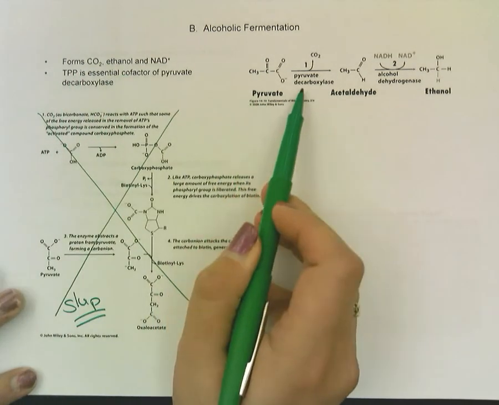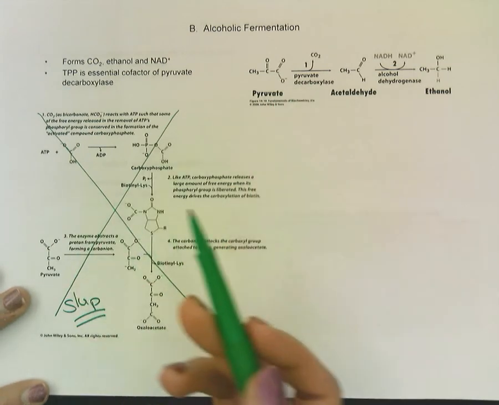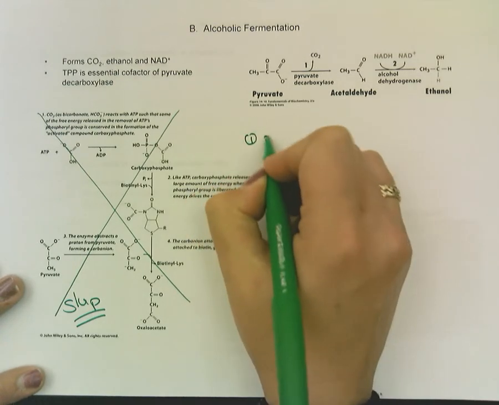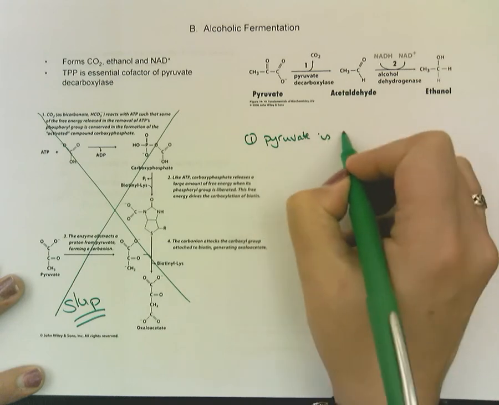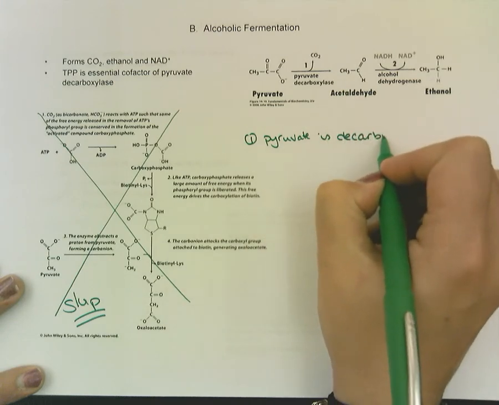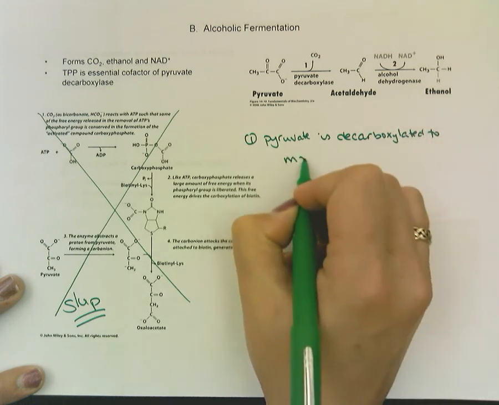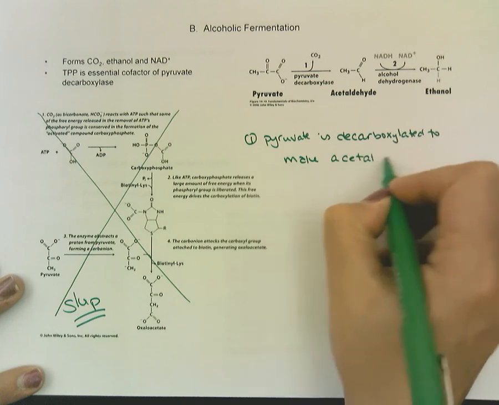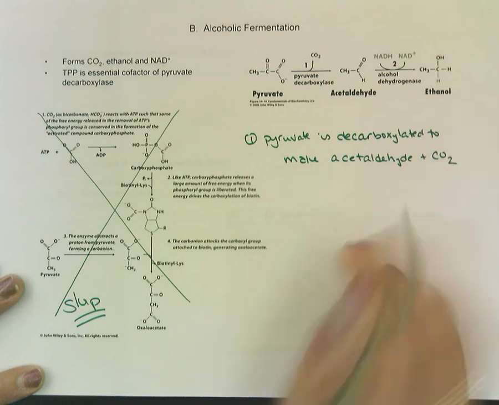So pyruvate decarboxylates and makes acetaldehyde. And carbon dioxide.